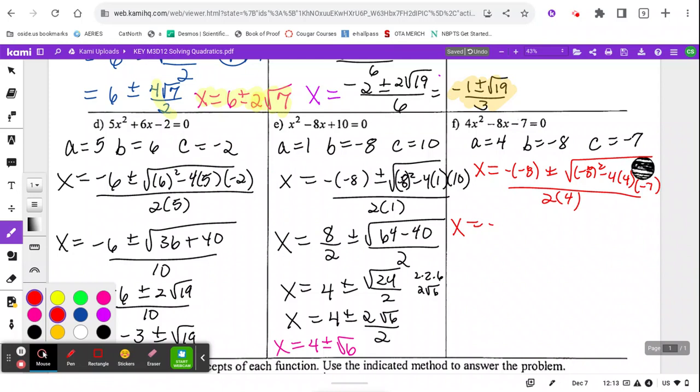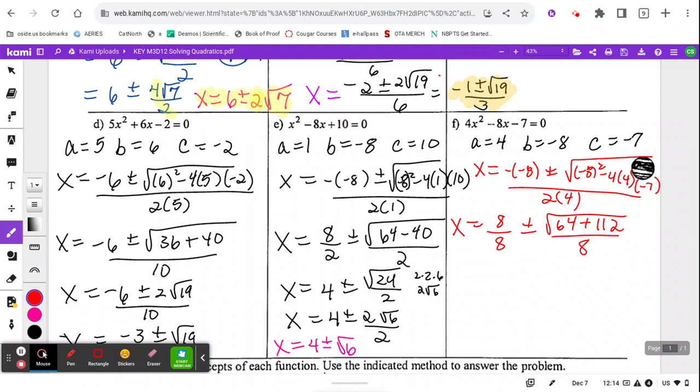So negative 8 becomes positive 8. 64 minus, and then a negative, so that's going to become positive 16 times 7. So that's 112 all over 8. So 112 plus 64, that's 176.